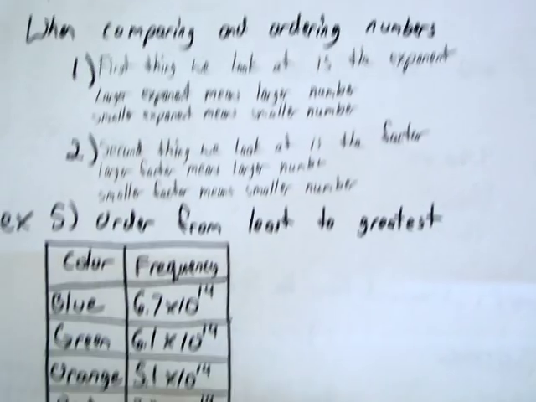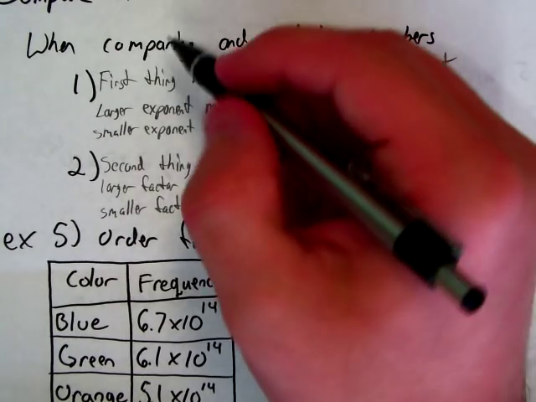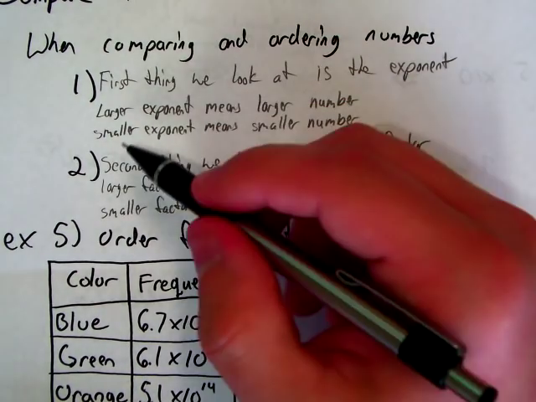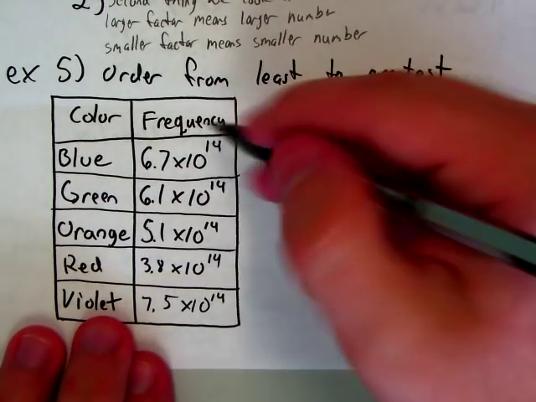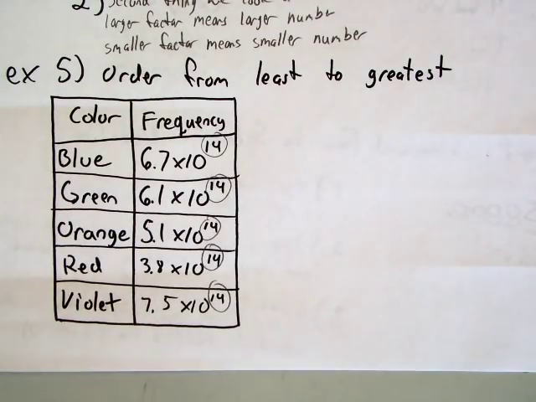All right, example 5. It says order these colors from least to greatest. So first thing we have to look at is the exponent. Larger exponent means larger, smaller exponent means smaller. We're going to look at these. Those are all the same exponent. So we can't use those to help us order because they're all the same.